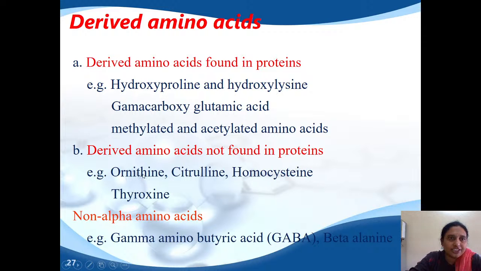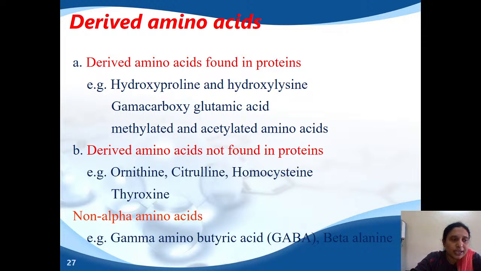Ornithine and citrulline are the intermediates of the urea cycle. Homocysteine is found in the metabolism of methionine. And the next one, thyroxine, is one of the thyroid hormones. We all know that thyroid hormones exhibit function in each and every cell of the body.